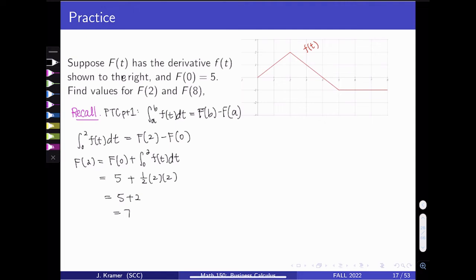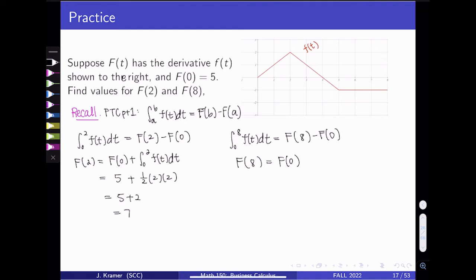That's the net area. Alternatively, when we are looking for f of 8, we'll start the same way, the integral from 0 to 8 of f of t dt. By the fundamental theorem of calculus part 1, we're looking at the antiderivative evaluated at 8 minus the antiderivative evaluated at 0. We'll solve for f of 8 because that's what we're trying to look for.